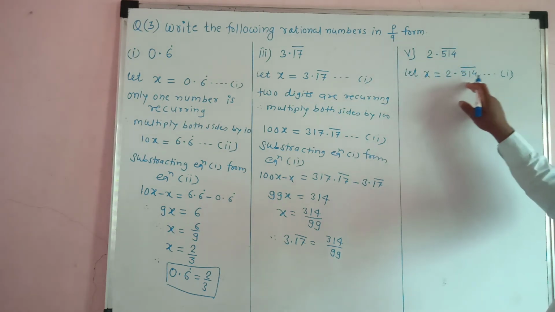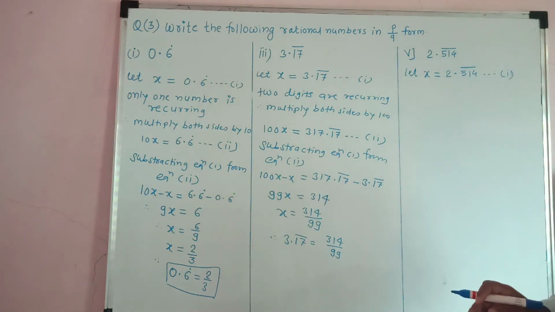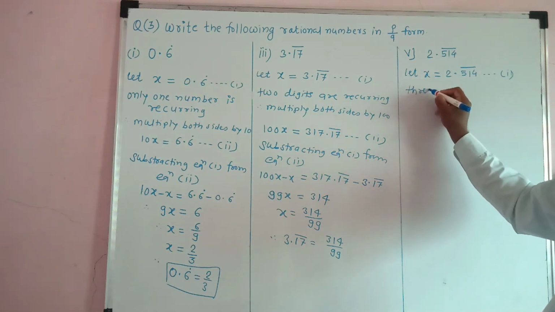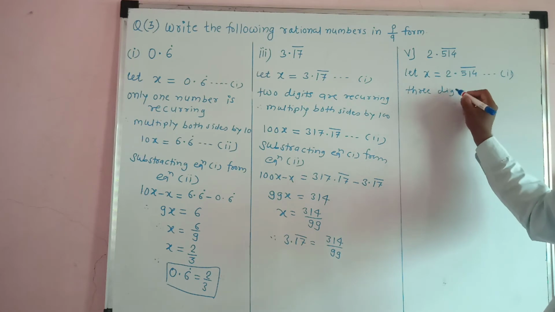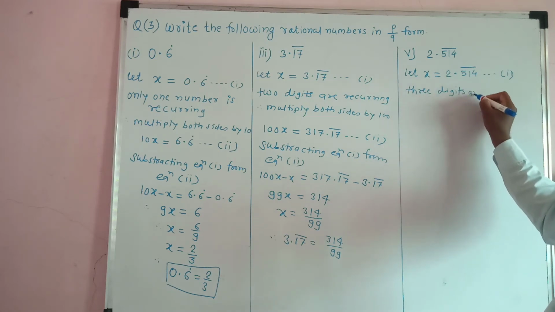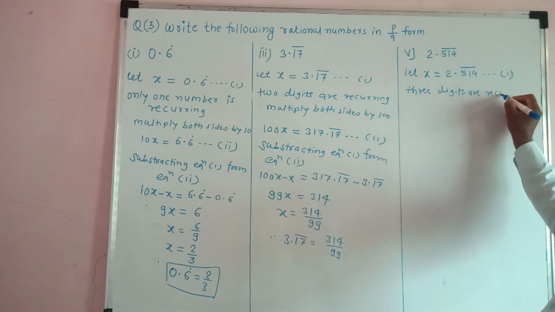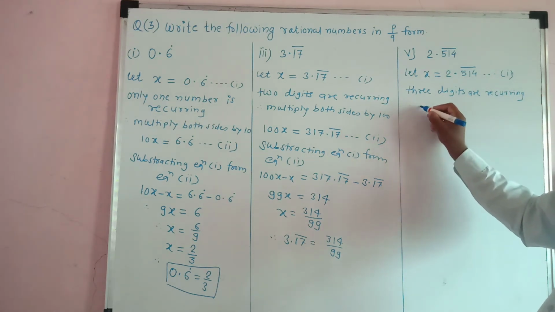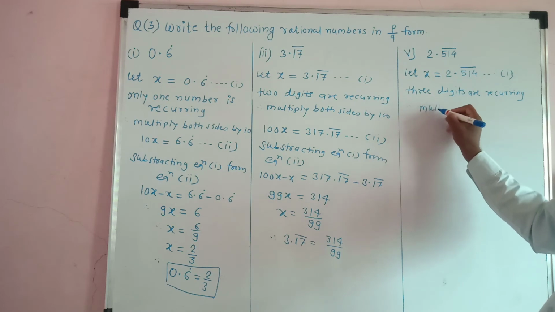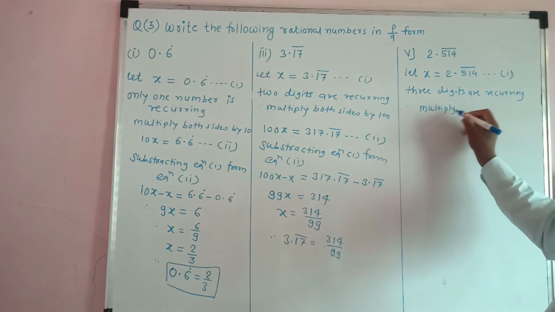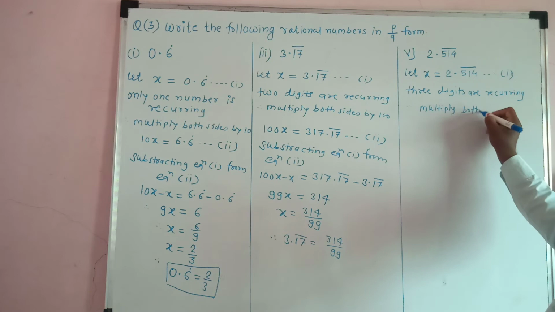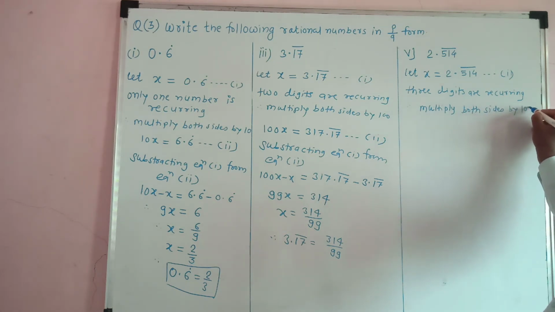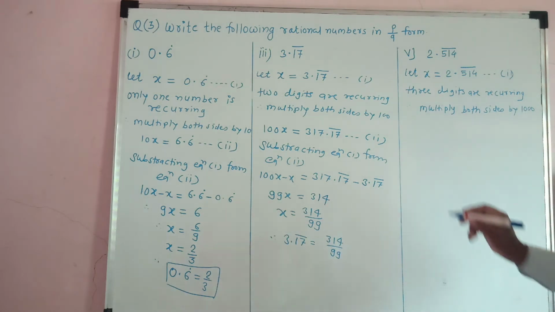Therefore we multiply equation number 1 by 1000. Multiply both sides by 1000.